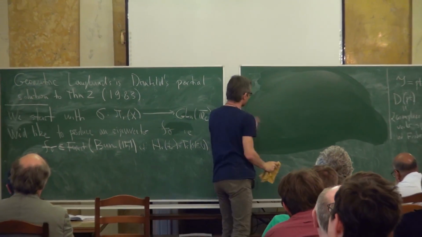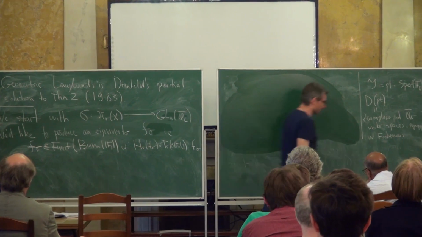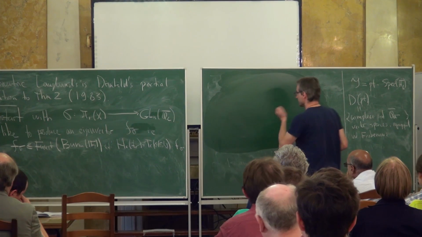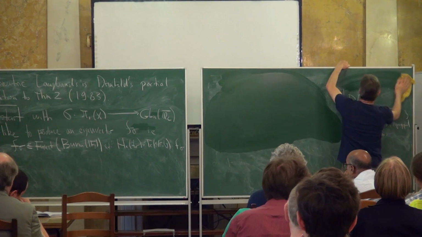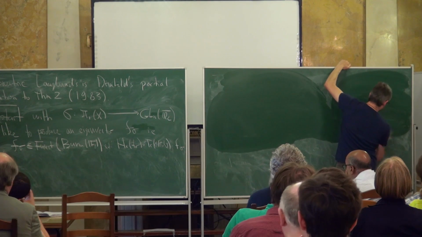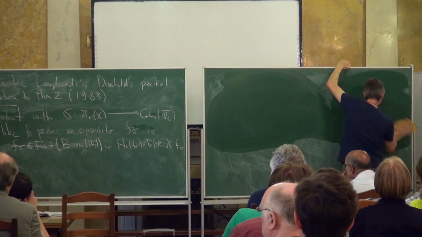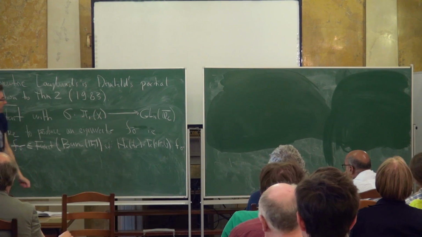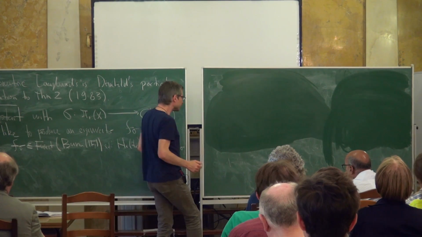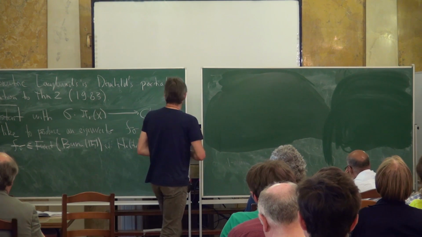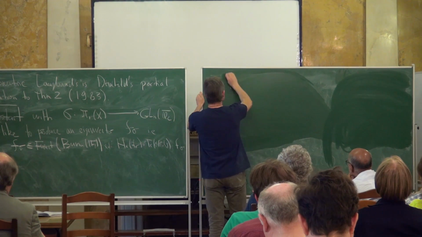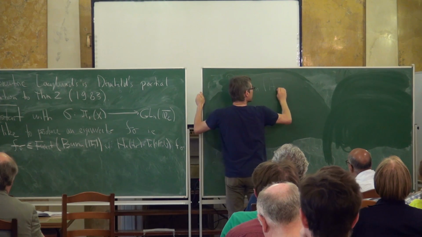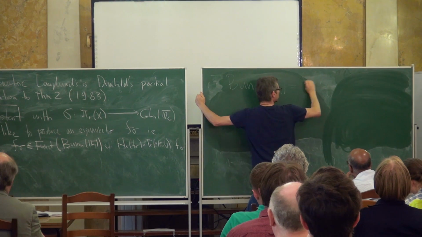So I should also say that maybe the primary idea of Drinfeld's approach goes back to André Weil. So he did it for GL1 or something equivalent. So the first observation, which is also due to André Weil, is the following: that what we denoted Bun of FQ is actually Bun of FQ.